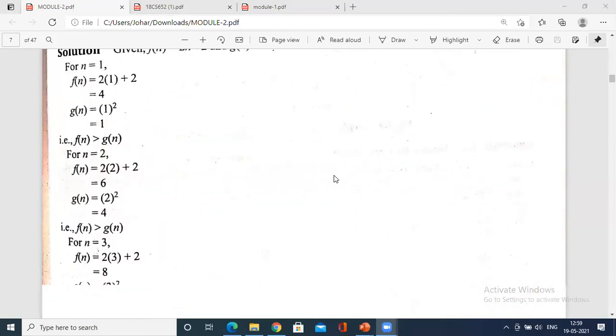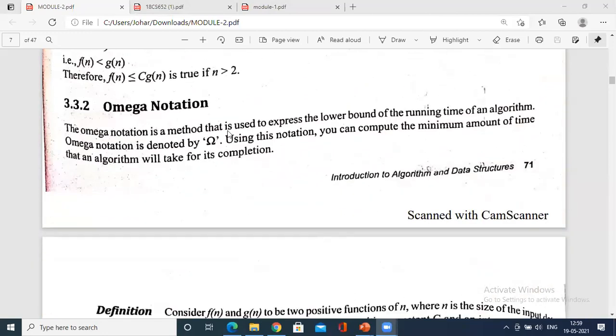Okay, so let us go to the second asymptotic notation called omega notation. Why do you use omega notation? Omega notation is used to represent a lower bound of the running time of the algorithm, that is the time complexity, how fast your algorithm is going to run.